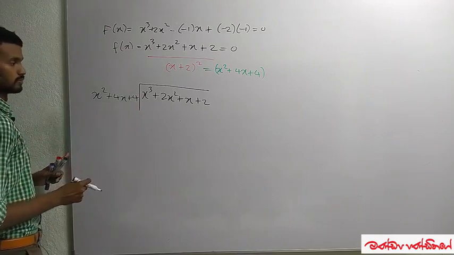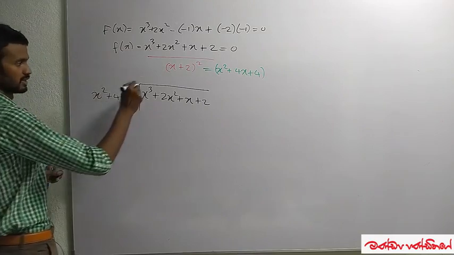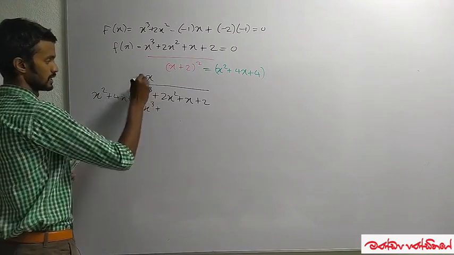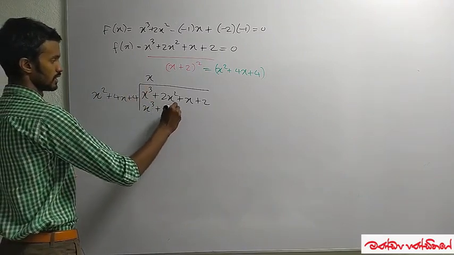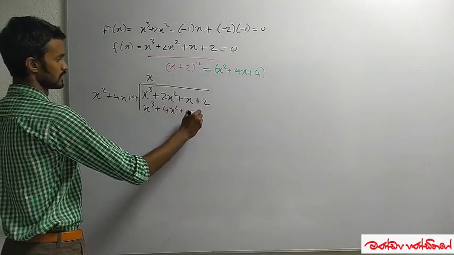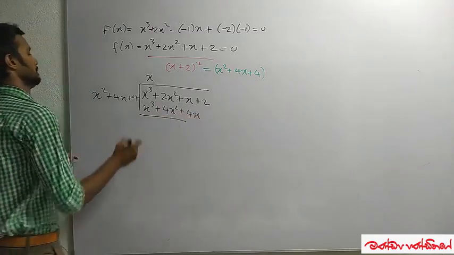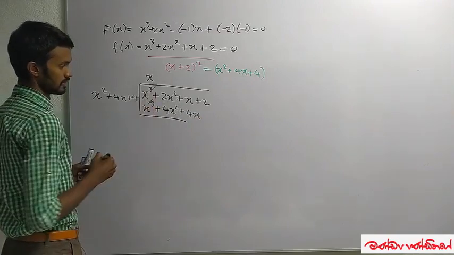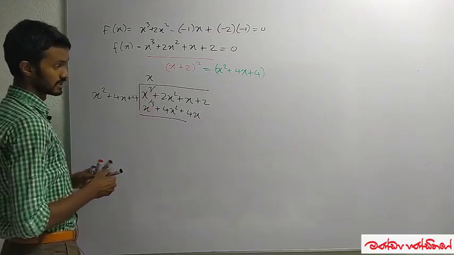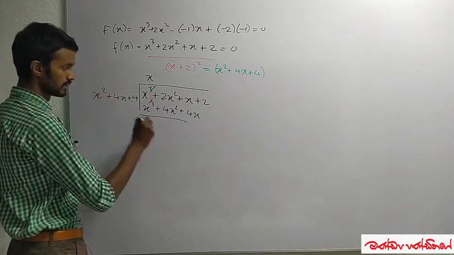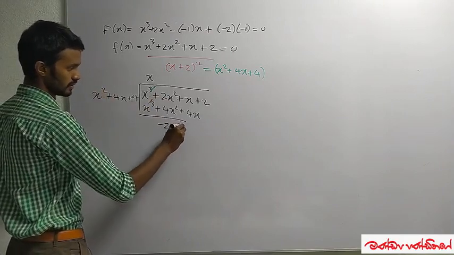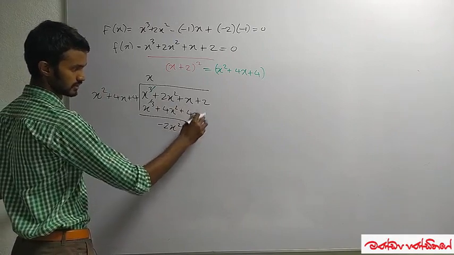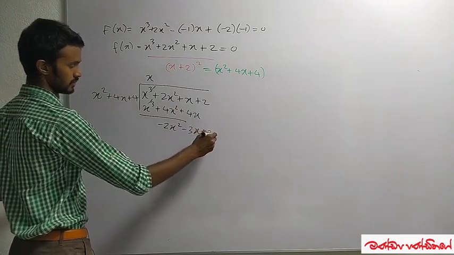Now I know what long division is. x³ divided by x² gives x, and x times x² + 4x + 4 is x³ + 4x² + 4x. The x³ cancels off, and I get 2x² − 4x² is −2x², and x − 4x is −3x, and here I get plus 2.